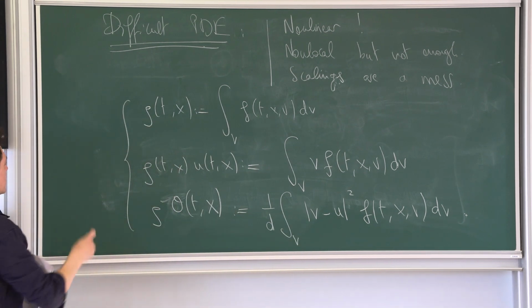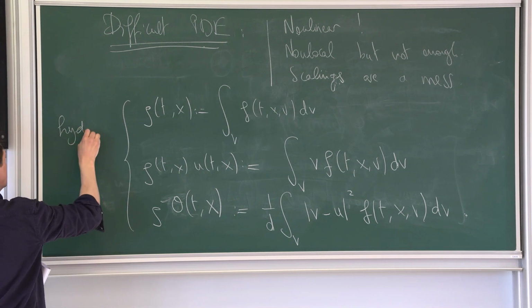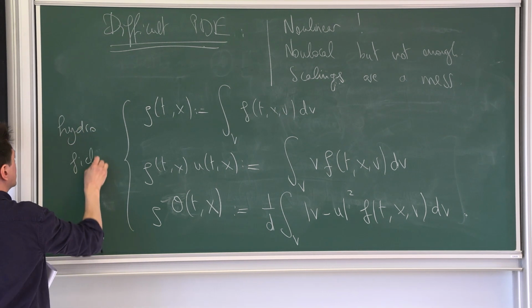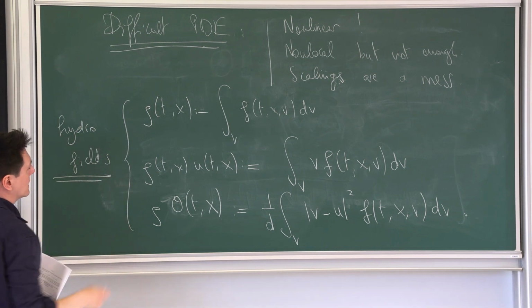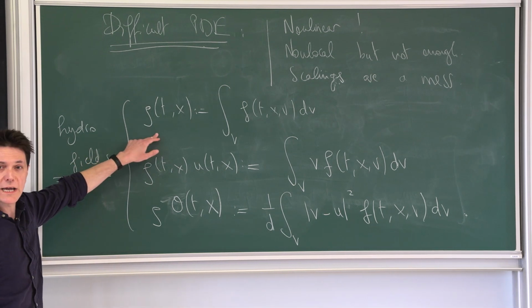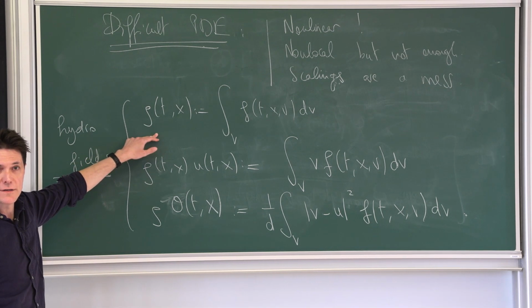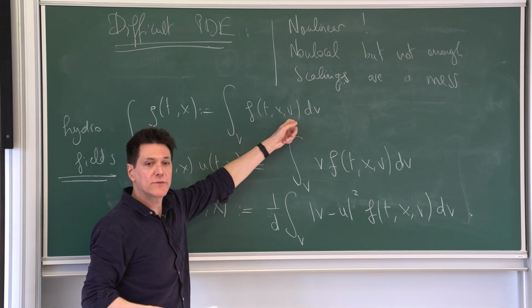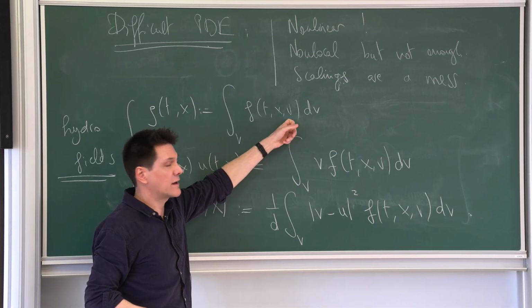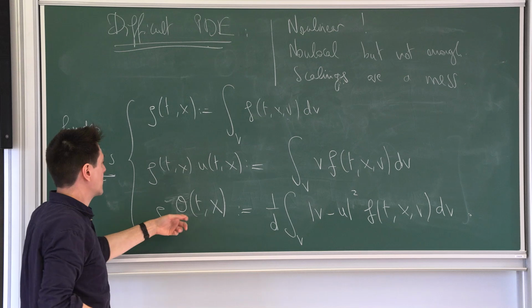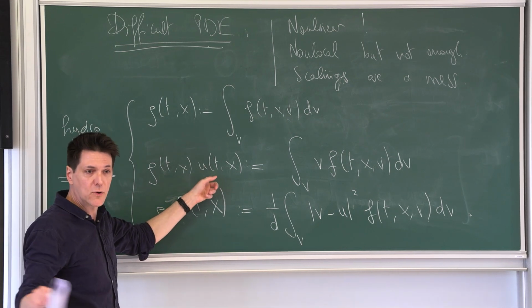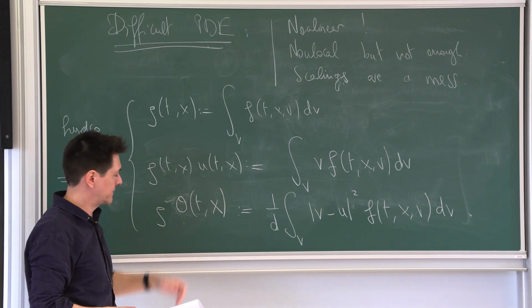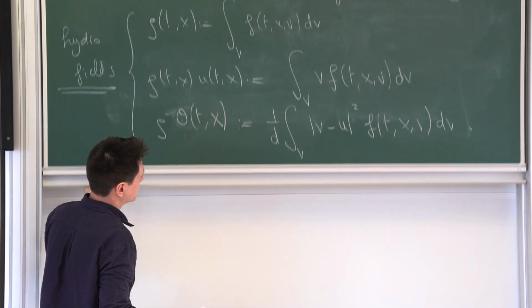They are called the hydrodynamical fields. I'll come back to them in a second. These are the things you really can observe in your gas. In the molecules in the room, you don't really know at a given point what is the distribution of their velocities. What you could measure is a temperature or a local vector field, the momentum field of the gas.